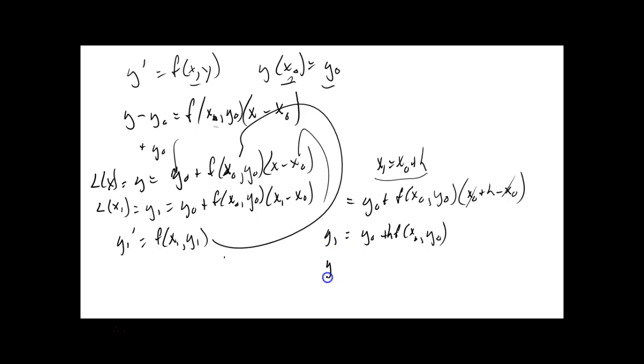So then your y2 will be y1 plus h times f of x1, y1. Now remember, f is your slope. So this is what you do every time. You don't have to go back and reinvent the wheel. You just do this formula over and over again. And this is Euler's method.